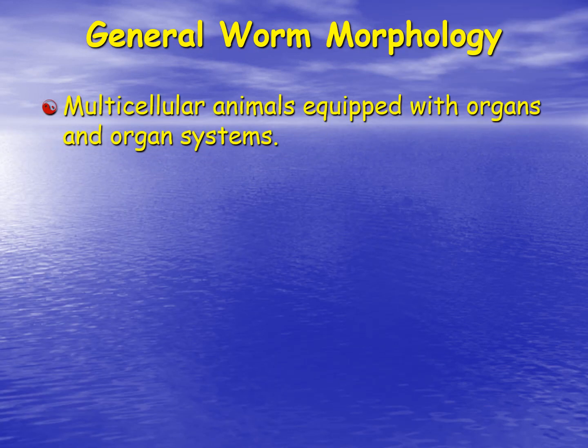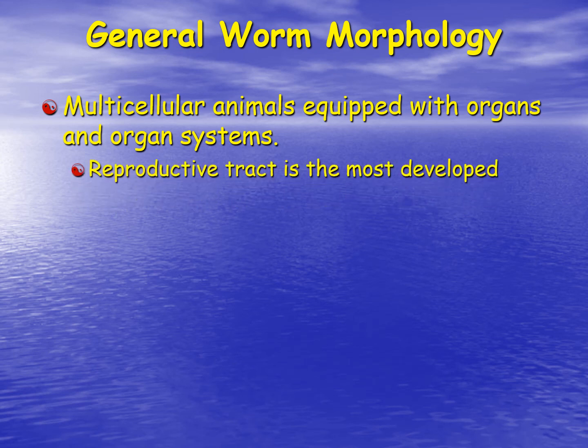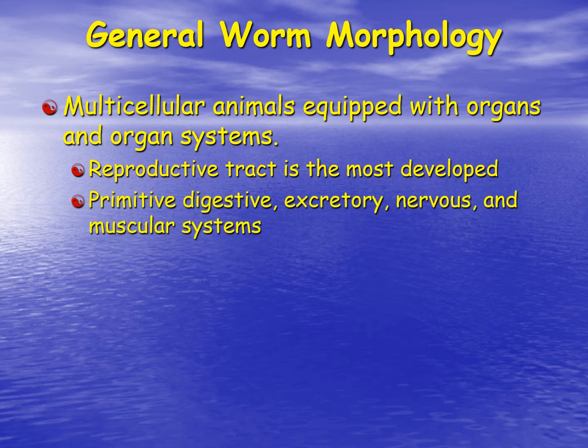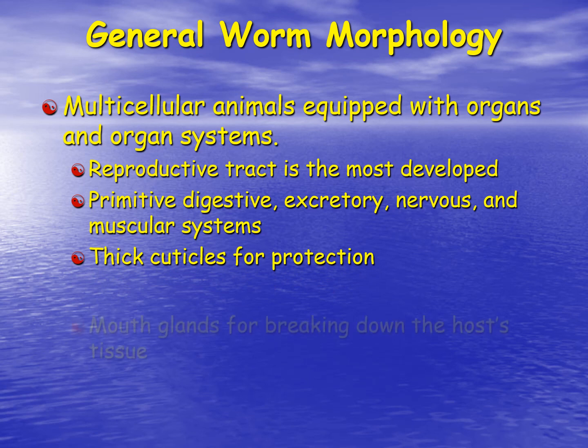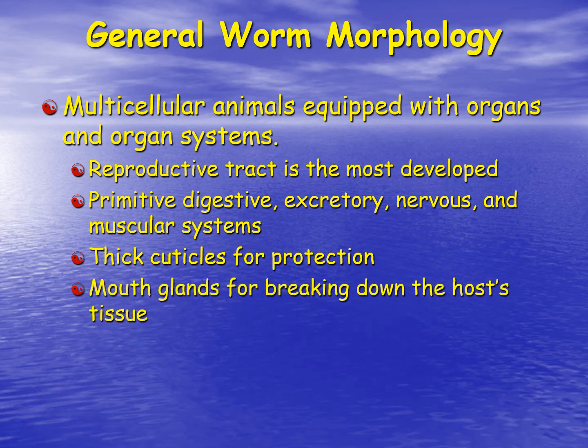So, generally, the worms and flukes are multicellular animals equipped with primitive organs and organ systems. The reproductive tract is the most developed in these organisms. They have thick cuticles on the outside for protection, and they have mouth glands for breaking down the host's tissues so that they can get to their nutrients.